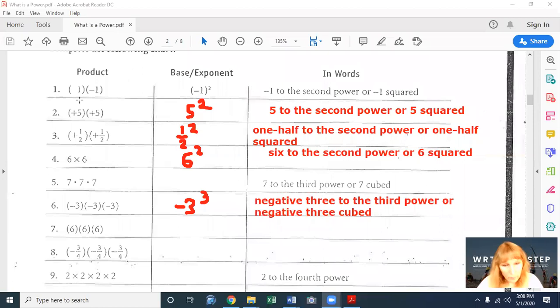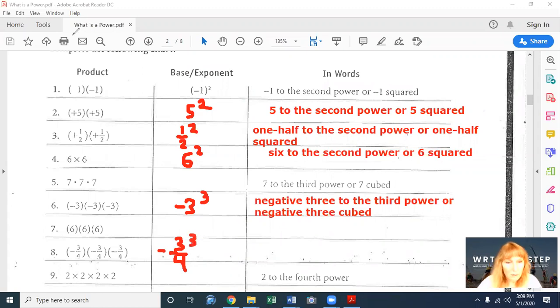Okay, let's do number 8. -3/4, -3/4, -3/4. That would be -3/4. It's a bad 3. I'll fix that. -3/4 to the third power.